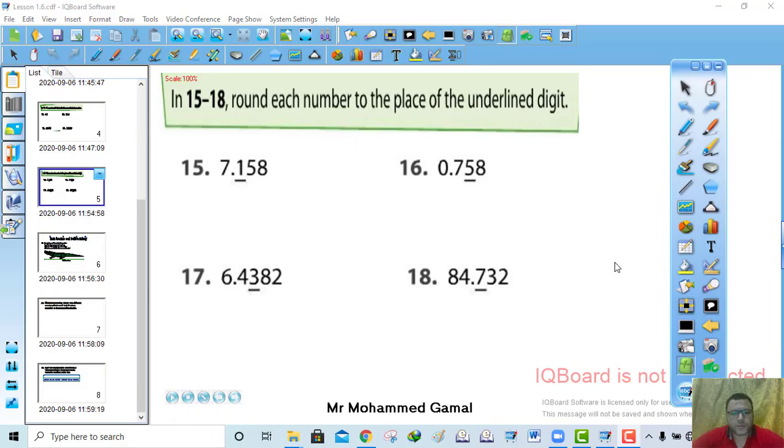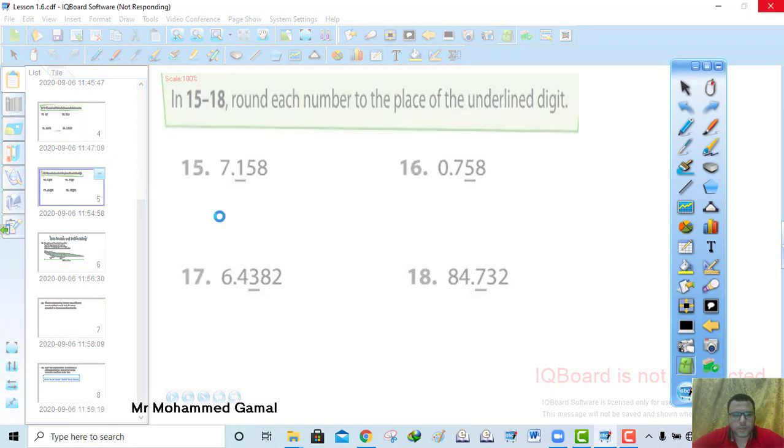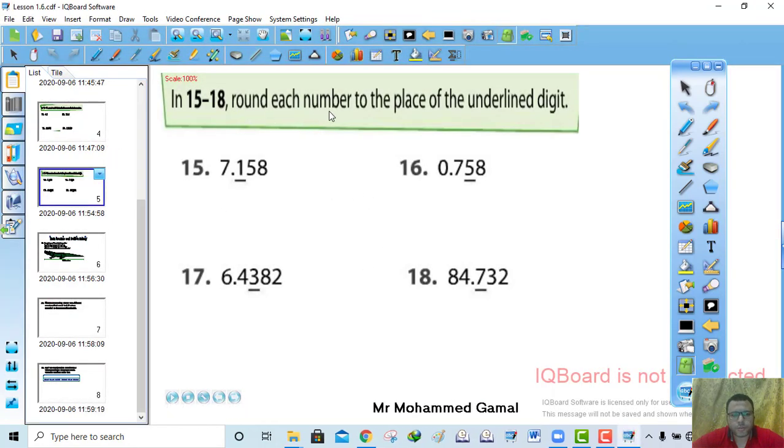Now question number 15 to 18. Round each number to the place of the underlined digit. Since he underlined the digit in question number 15, he underlined the tens digit.